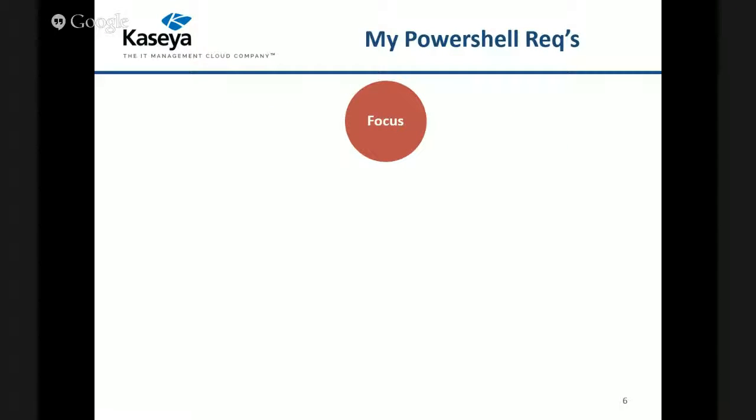Okay, so again, just going back, let's call these my requirements or my thought process. What's my initial focus? For example, I was looking at locking down systems when it comes to PowerShell, and I'll show it on the platform. I didn't want anyone just to run PowerShell arbitrarily.